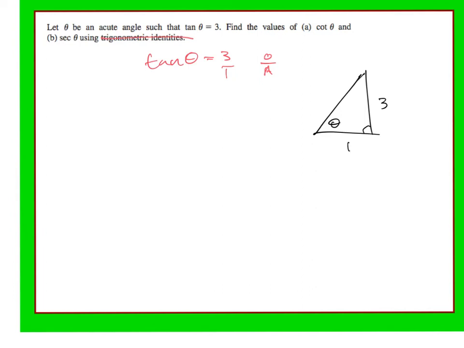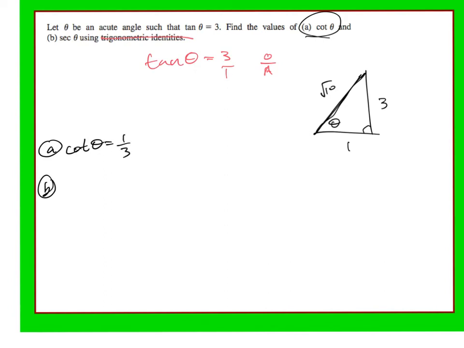So what's my hypotenuse? Can we do this in our head? Square root 10. Very good. Just 1 squared plus 3 squared, square root it, right? So we get square root 10. So now it's just telling me to find the cotangent of theta. Well, really, we didn't even need to draw the picture for this one. What's my cotangent of theta? 1/3. All right.